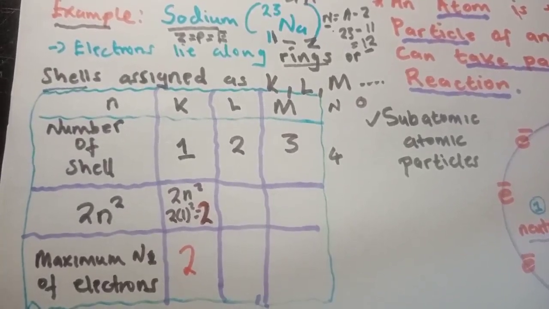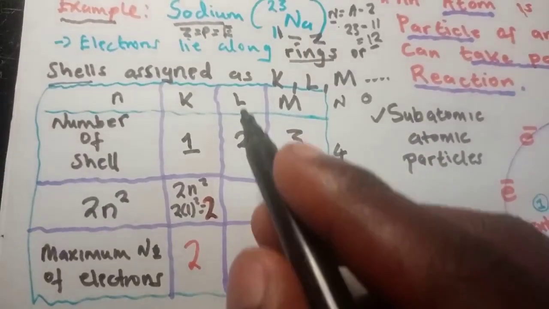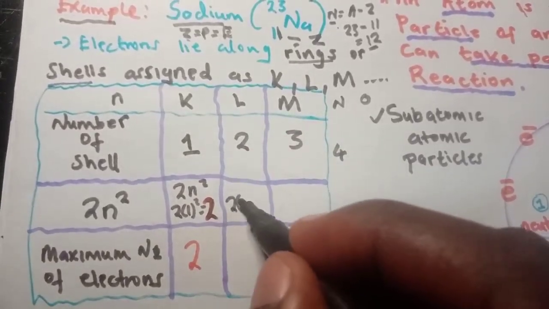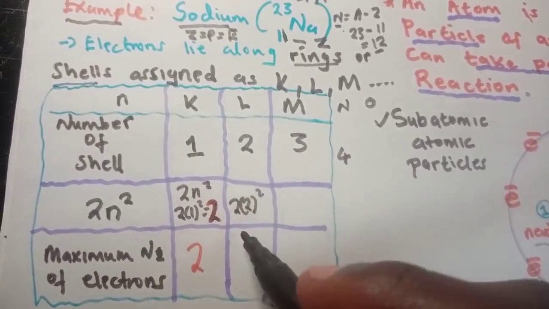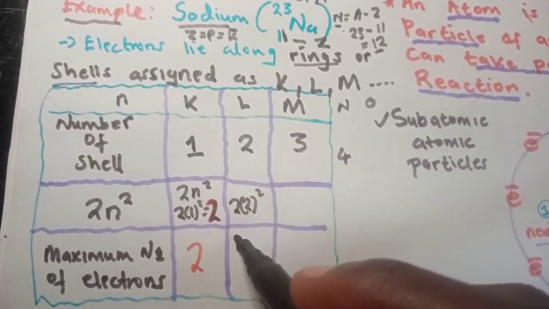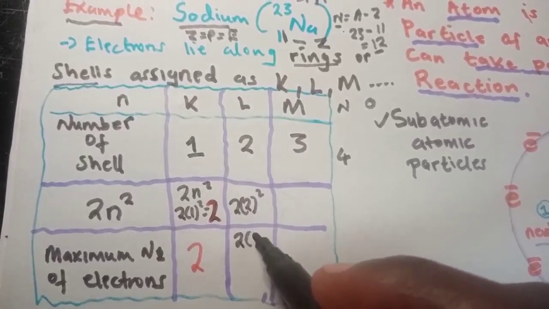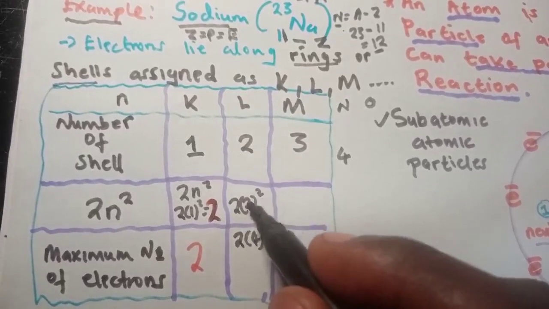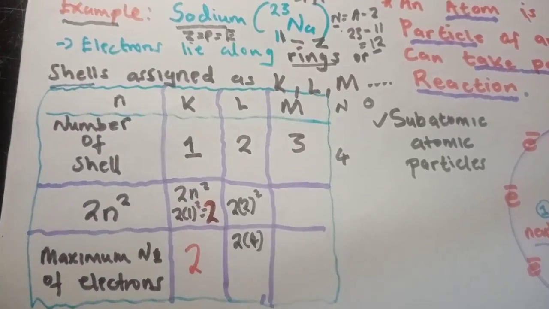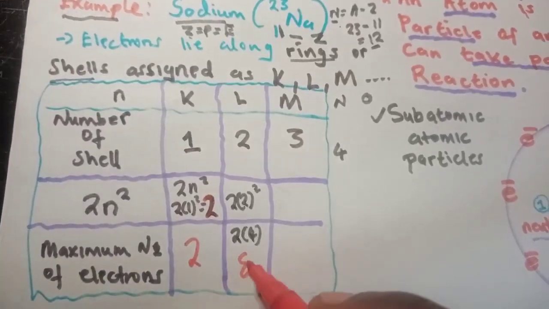You go to the second one, shell number 2, assigned the letter L. Your n here is 2, and then squared. 2 squared is 4. 2 times 4, you get 8. So the second shell can occupy up to 8 electrons.